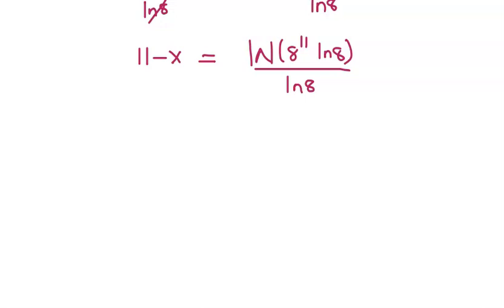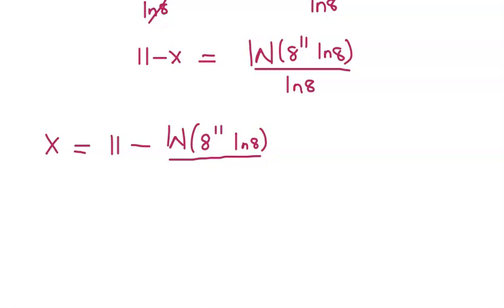So to solve for x here, we're going to subtract the right hand side from 11. So we get here that x is equal to 11 minus the Lambert W function of 8 to the power of 11 times the natural log of 8, then divided by the natural log of 8.